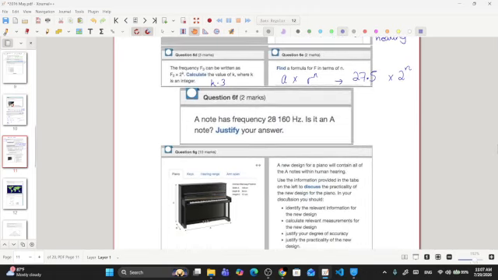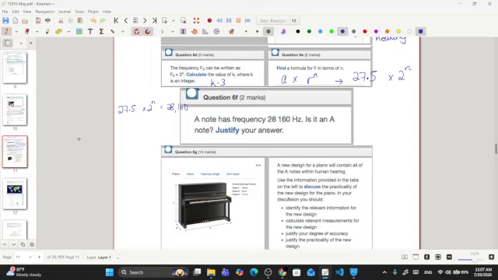In order to solve this question, I have to see what value I get for n when I substitute these two values. What do I mean? 27.5 multiplied by 2 raised to the power of n should be equivalent to 28,160.